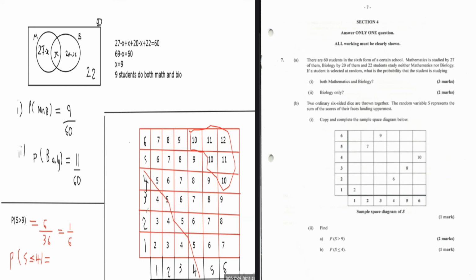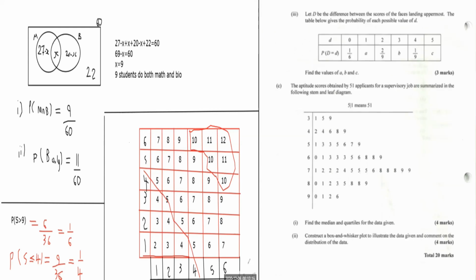Let's see. 1, 2, 3, 4, 5, 6, 7, 8, 9, 10. So these are all of them. 4 here, 3, that's 7, 8, 9. That's equal to 9 out of 36. And 9 out of 36 is a quarter. That's the probability that the score will be less than or equal to 4.